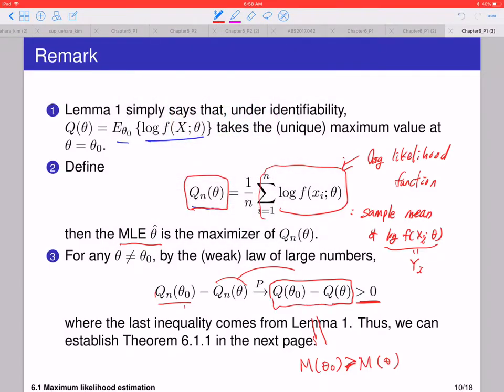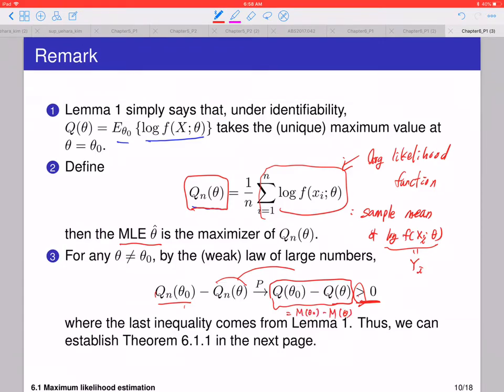This guy is positive because this is m zeta null minus m zeta.